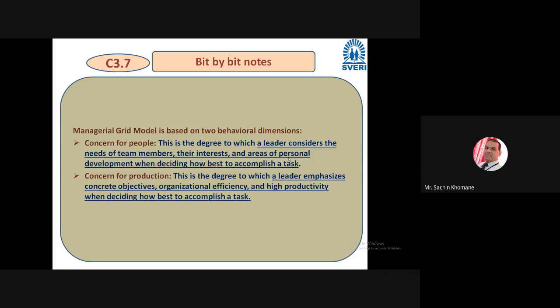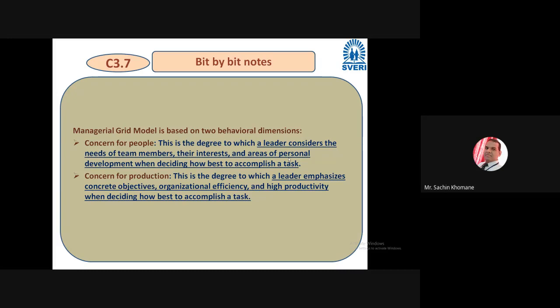Or that person needs a spanner, any inventory. So concern for people includes the need of the team member, their interest, in what that person is interested, maybe designing, maybe production, maybe quality. What is the interest of that person? So that is a concern for people.